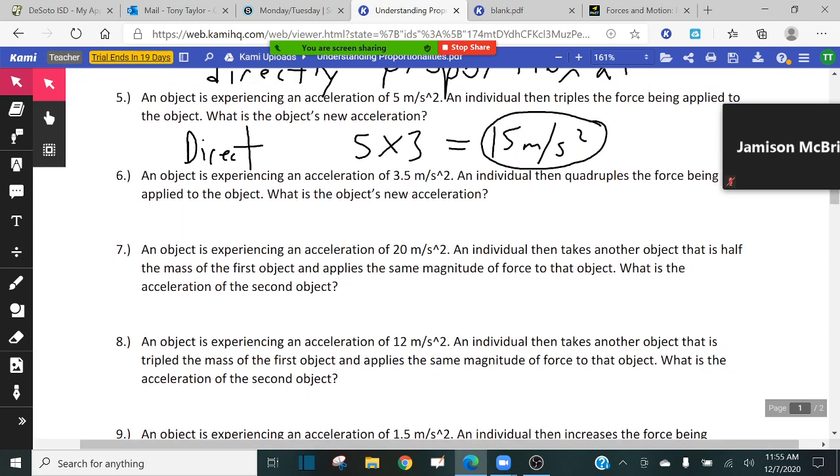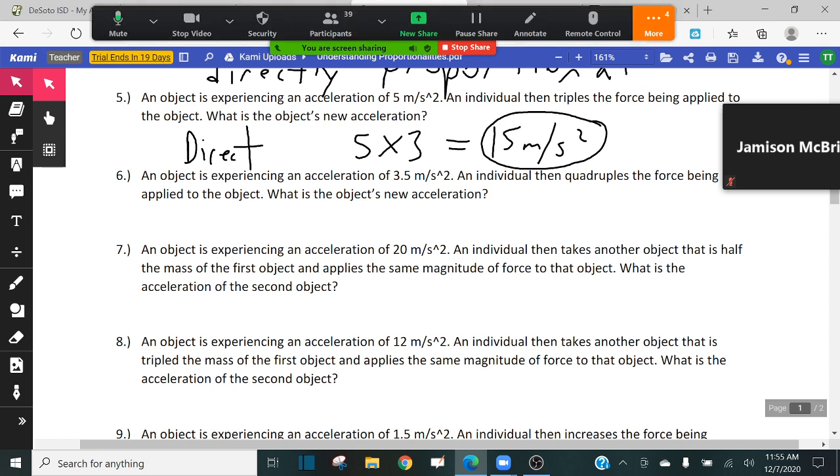Okay, number 6 says, imagine you have an object and it's experiencing an acceleration of 3.5 meters per second squared. An individual then quadruples the force being applied to the object. What is the object's new acceleration? Okay. So what does quadruple mean? Going up or going down? Y'all should know what quadruple means. That's a term y'all should know. Yeah, going up. Thank you, Hannah.